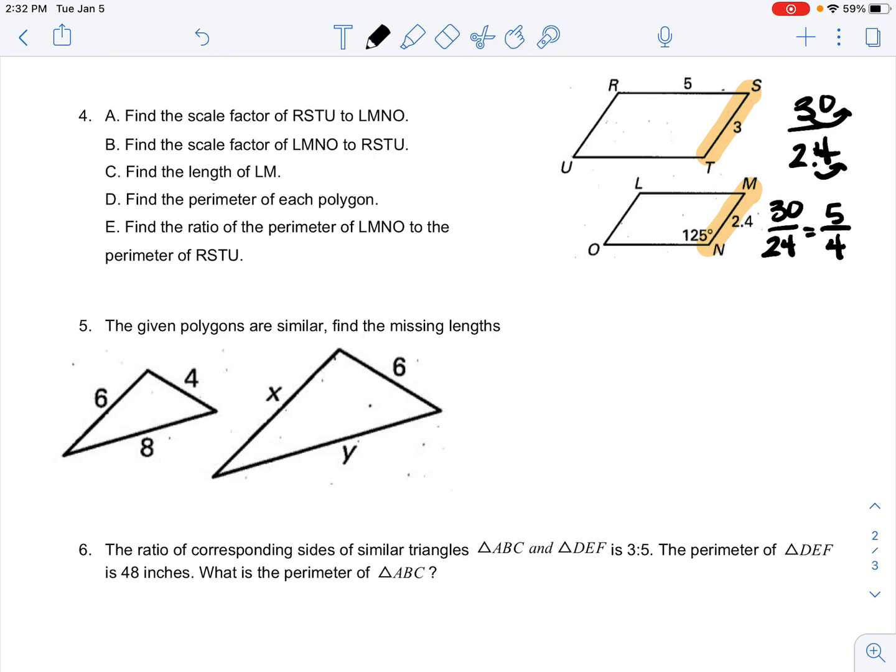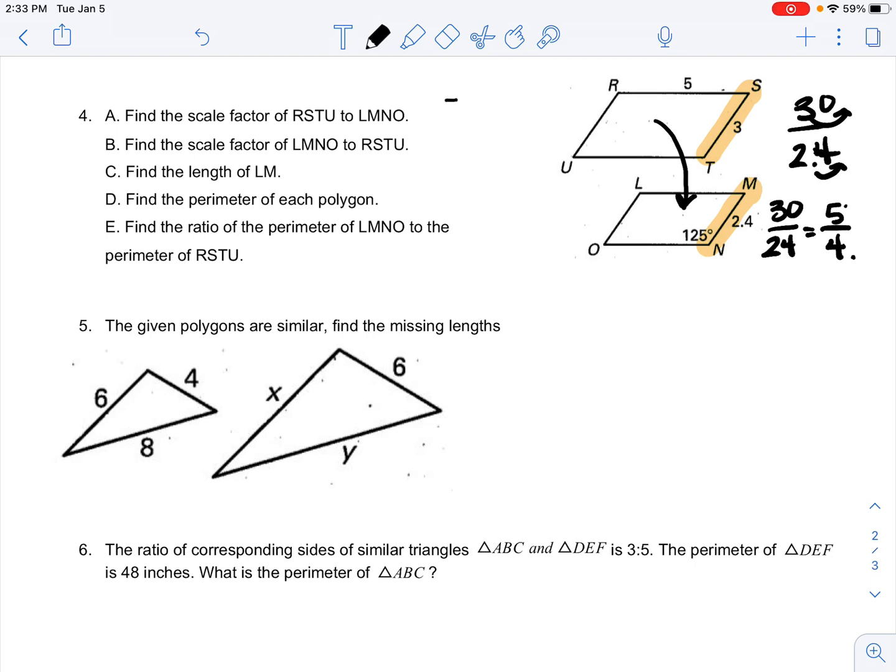So it says find the scale factor of RSTU to LMNO. So as we go from RSTU down to LMNO, is it getting bigger or is it getting smaller? It's getting smaller. So we start with big down to small. So if you notice, we've got 5/4, so it's going to be big over small.